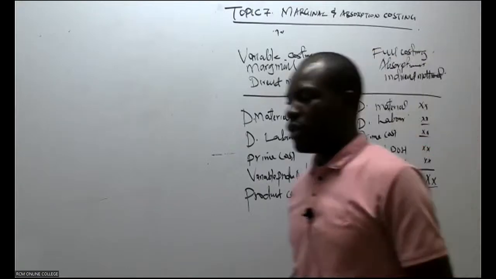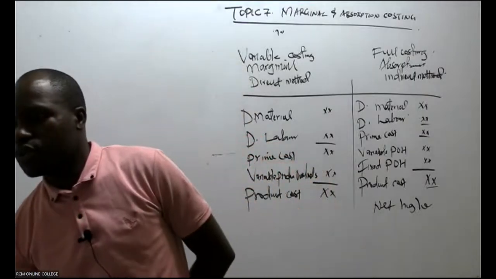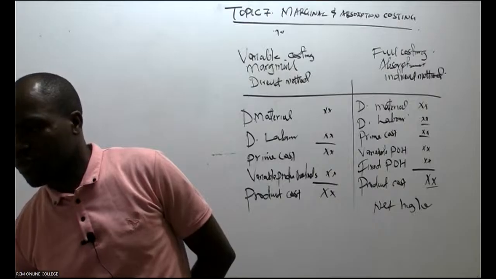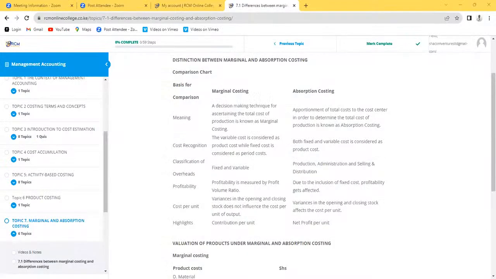Now look at what we are being told here. On cost recognition, under marginal costing the variable cost is considered as product cost, while fixed cost is considered as period cost. Under absorption costing, both fixed cost and variable cost are considered as production cost. But remember, it is not just any fixed cost; it is fixed production costs, fixed production overheads.